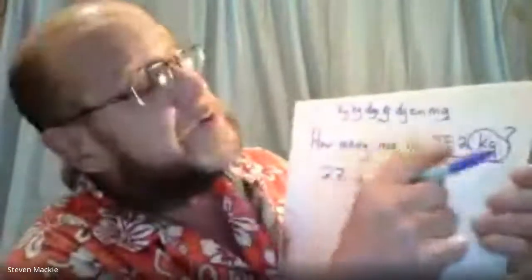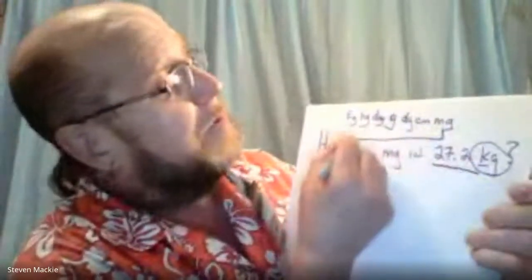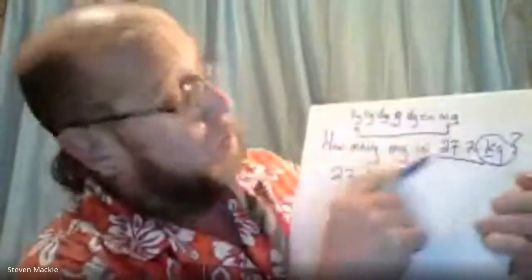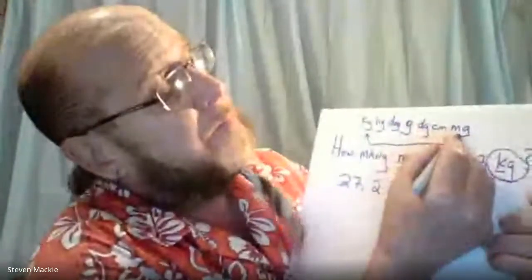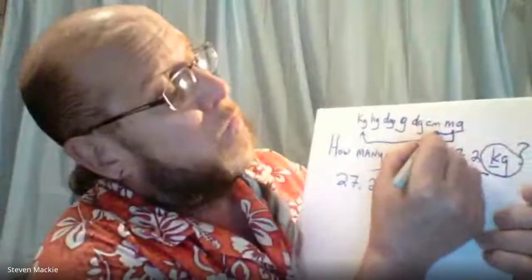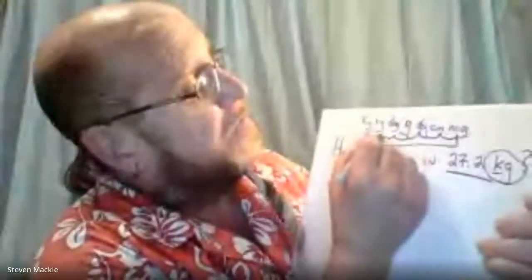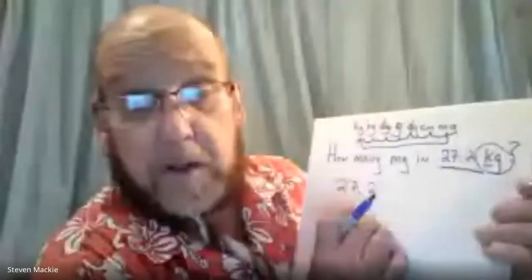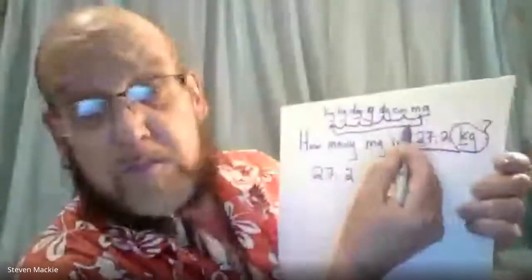Now we're converting from milligrams to kilograms. So that means we're going from milligrams that we know all the way over to kilograms. So we know milligrams, 27.2. We are going to have to hop the decimal place 1, 2, 3, 4, 5, 6 spaces. Are we going to move it to the left or to the right? Well, just follow the bouncing ball.